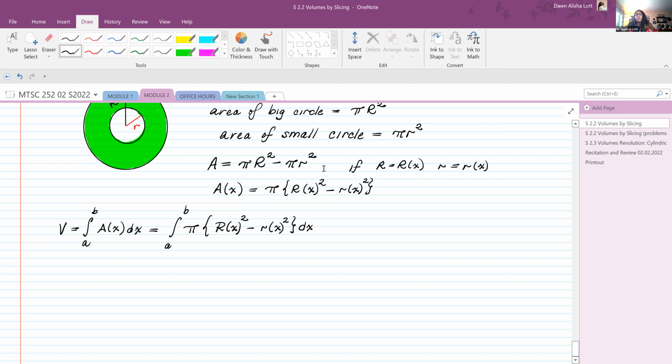Okay, so we need to apply this to a problem quickly so we can understand it, because right now it's just abstract. It doesn't have any application yet.